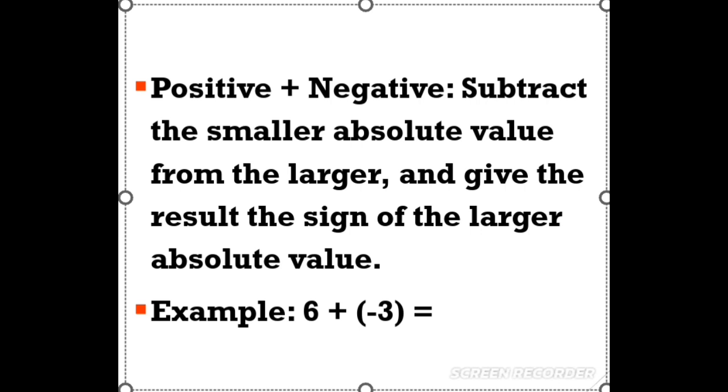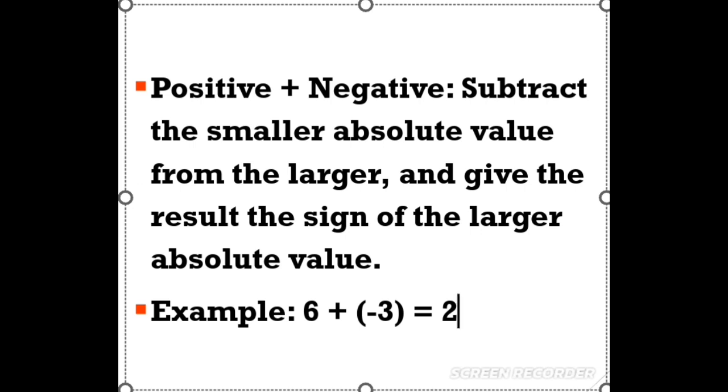The first thing to do to solve this kind of problem is to subtract the smaller absolute value, which is minus 3, from the larger number, which is this 6. Let's do that one first. 6 minus 3 will give me 3.